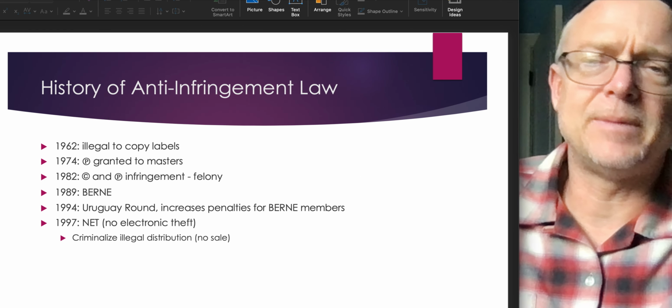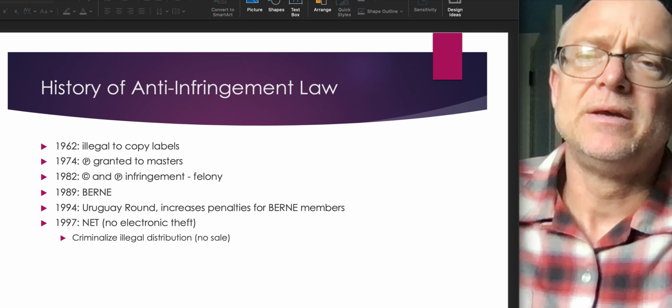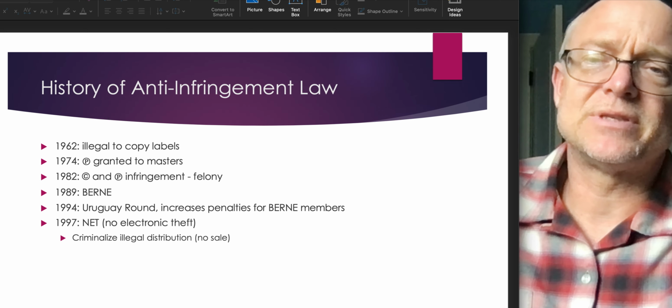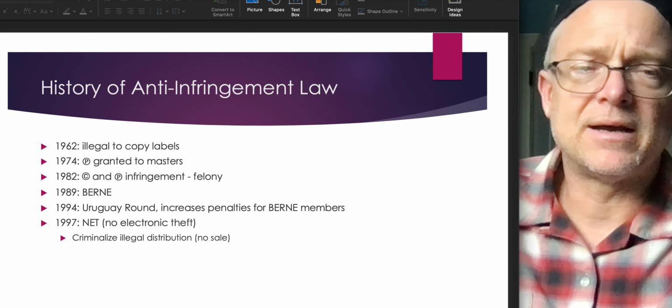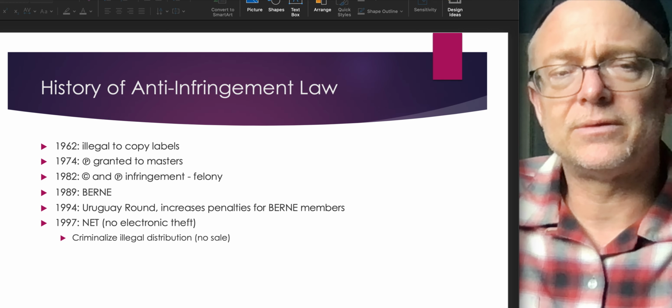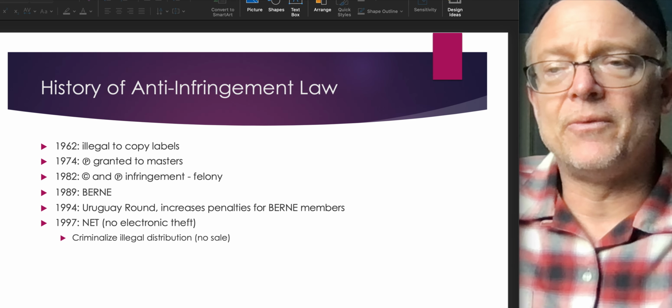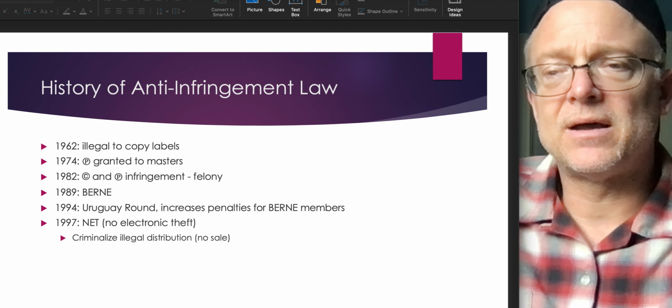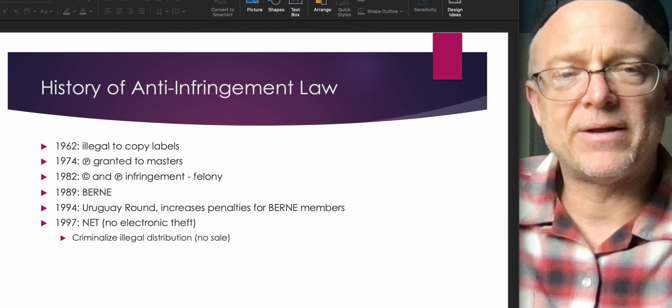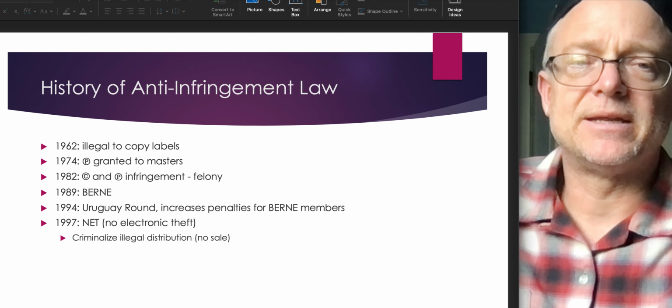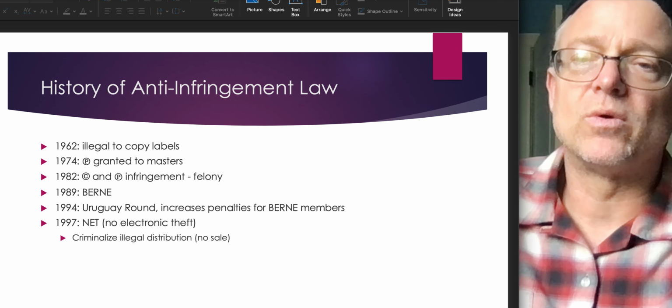Now, when you look a little bit further back in time, you can see, as of the 1960s, it was illegal to copy labels, but that was common law or state law legislation. It wasn't until 74 that Circle P actually came about as a federal protected category for audio recordings.